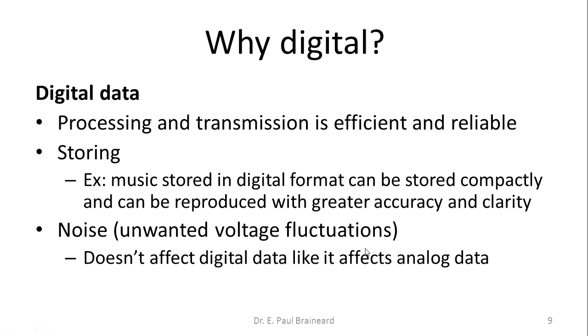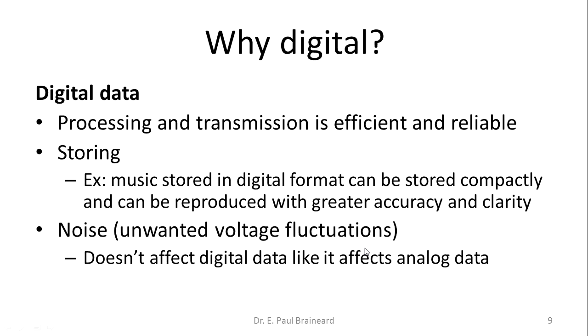Processing and transmission of digital data is efficient and reliable. For example, if the wind velocity exceeds a particular limit, you may have to close a door automatically. Now the process of comparison can be done relatively easily in digital format.